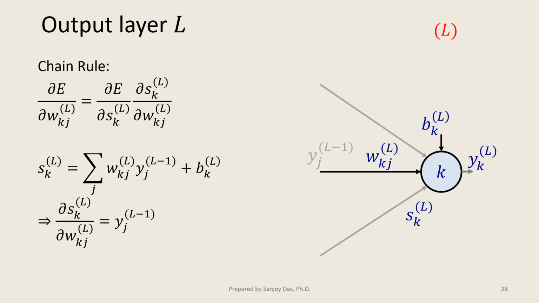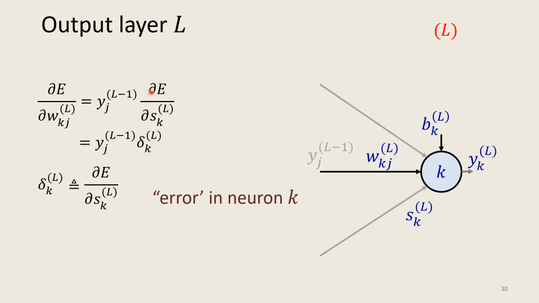But sk^L is the net input to the neuron k, which is equal to summation of wkj yj plus bk, which is why its derivative partial sk over partial wkj is simply equal to yj^(L-1). And so we can replace this partial s over partial wkj with yj^(L-1) here, and that gives us this expression here.